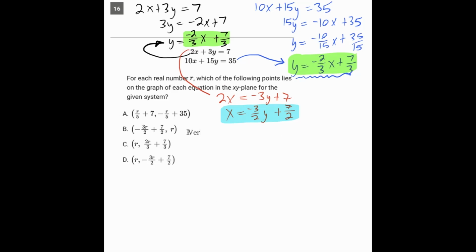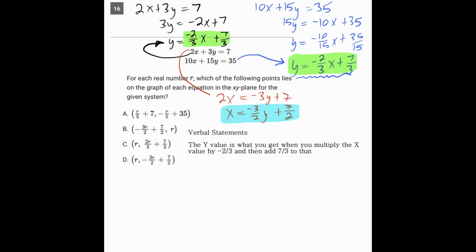Now, let's repeat those two verbal statements again. The y value is what you get when you multiply the x value by negative 2/3 and then add 7/3 to that.